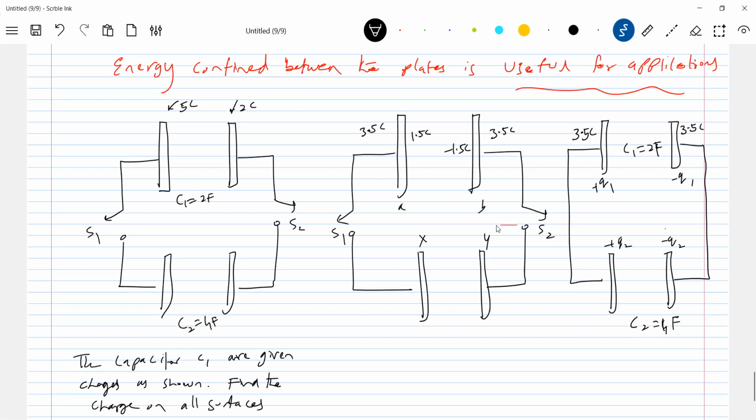What should be the conservation of charge? For plate A, 1.5 is equal to Q1 plus Q2. Write the loop equation, or directly you can write Q1 by C1 equal to Q2 by C2. Solve it and you get Q1 and Q2.